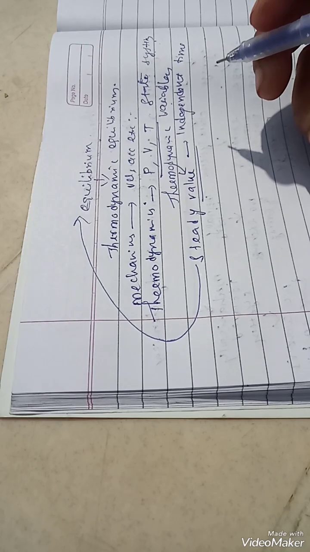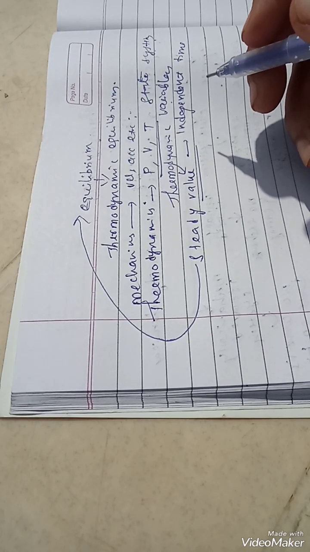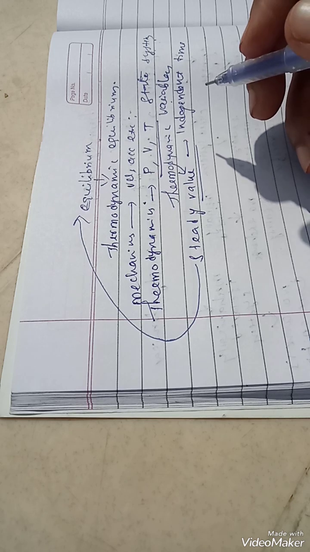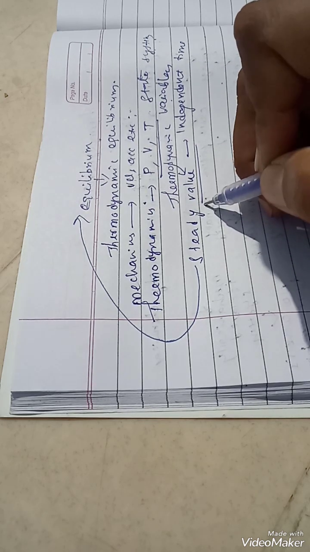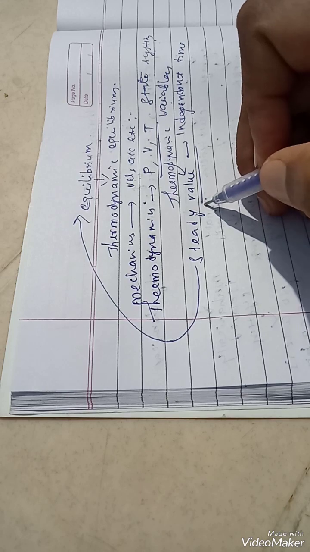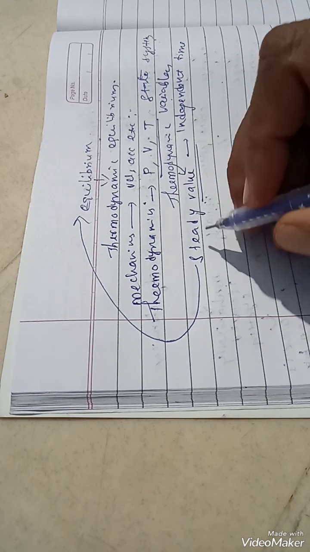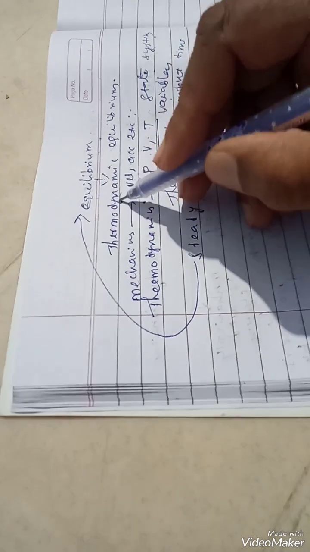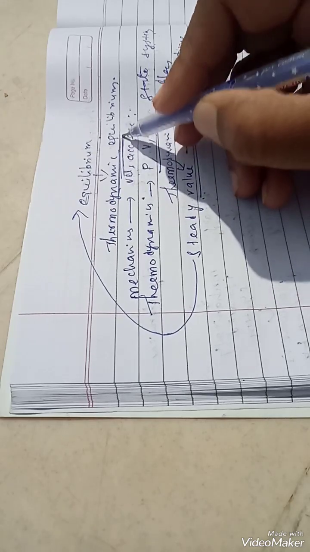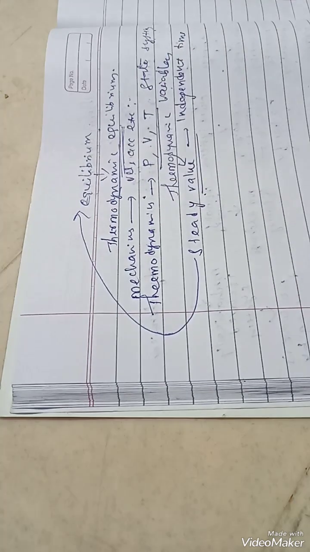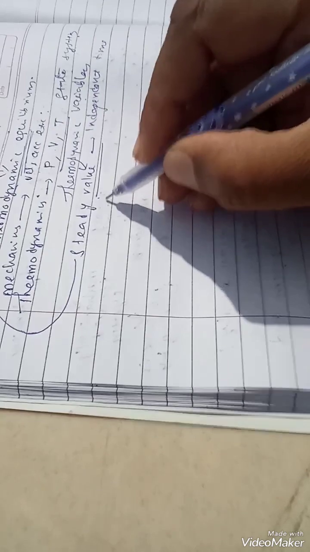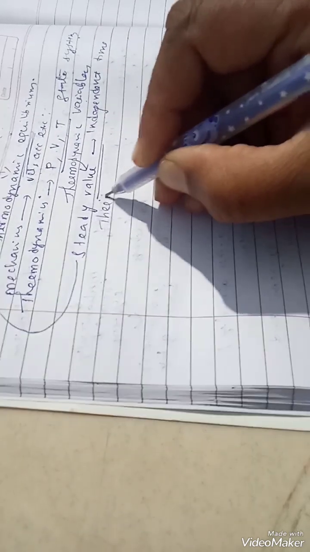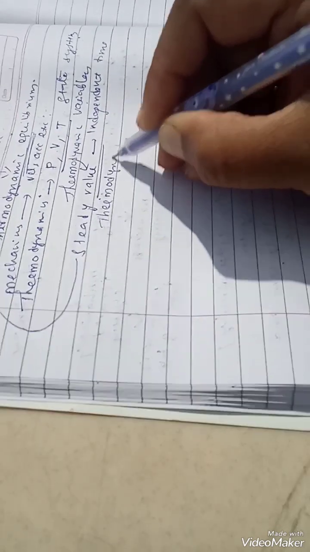Attaining a steady value, which means it is independent of time. Then we say that the system is in equilibrium. So here we will say that the system is in thermodynamic equilibrium.